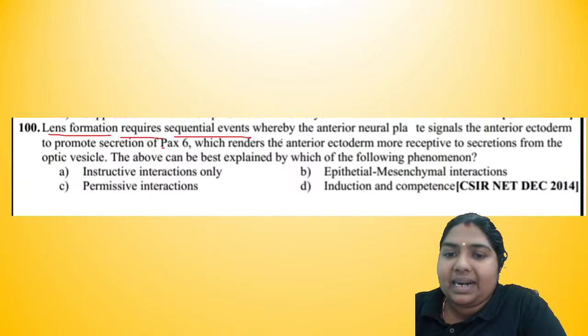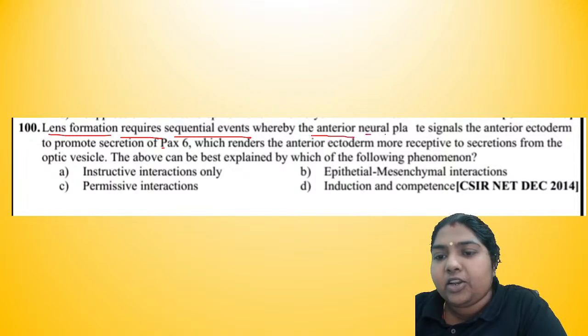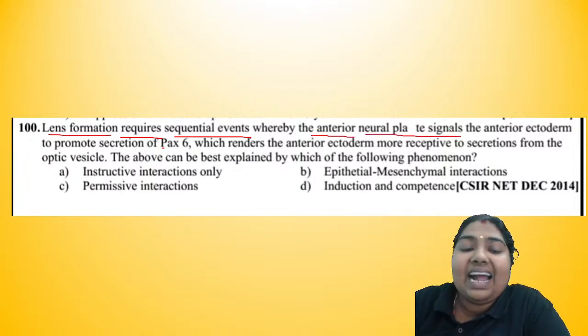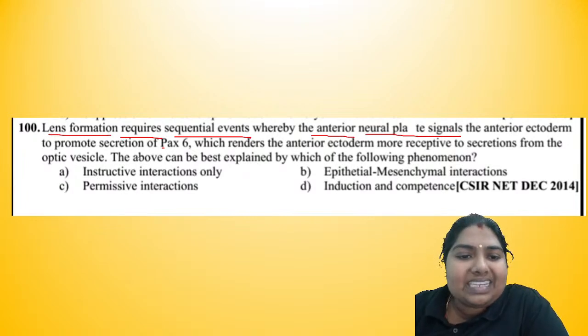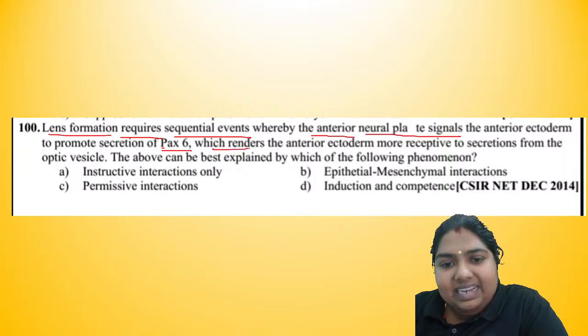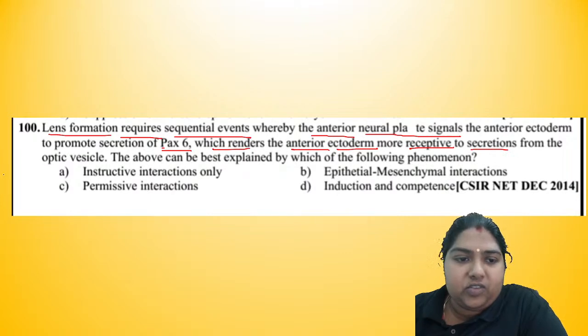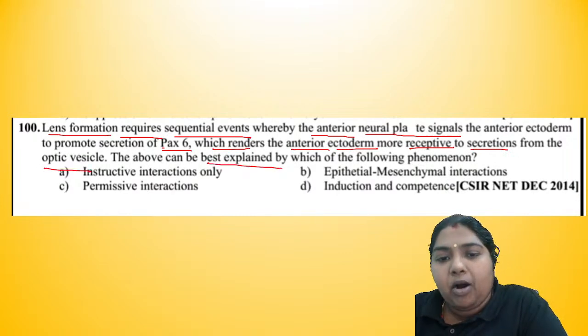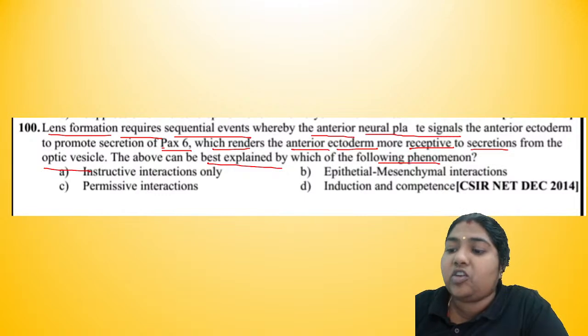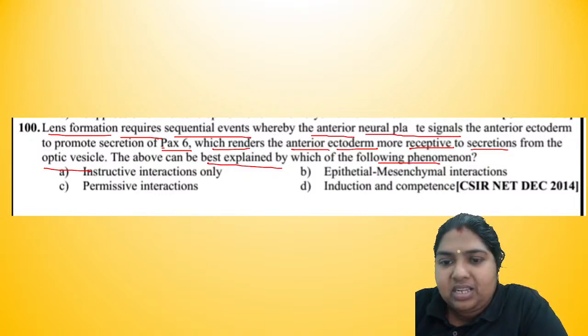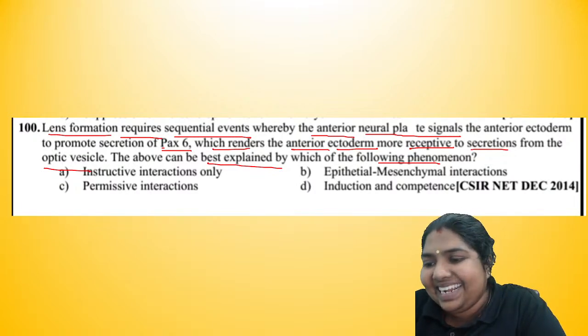The anterior neural plate signals promote the secretion of PAX6 in the anterior ectoderm, which renders the anterior ectoderm more receptive to the secretions from the optic vesicle. The above can be best explained by which of the following phenomena? Instructive interaction, epithelial-mesenchymal interaction, permissive interaction, or induction and competence.